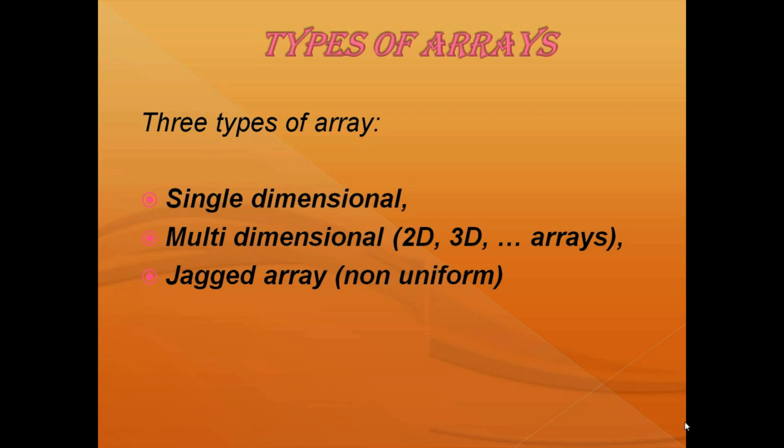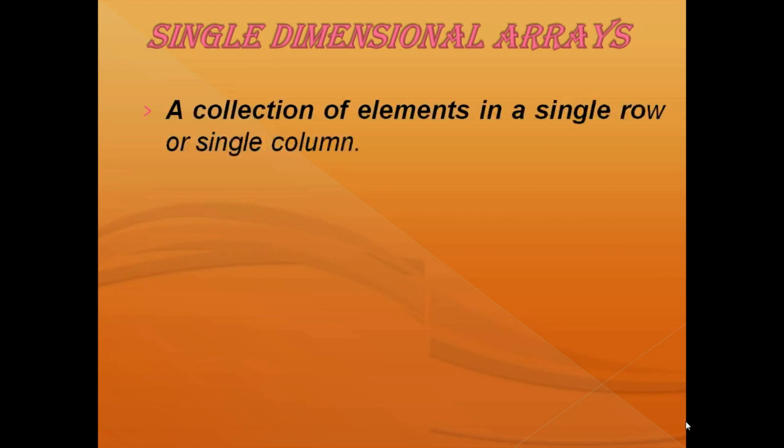We already discussed single dimensional array in my previous video. We know single dimensional is nothing but a collection of elements in a single row or in a single column.